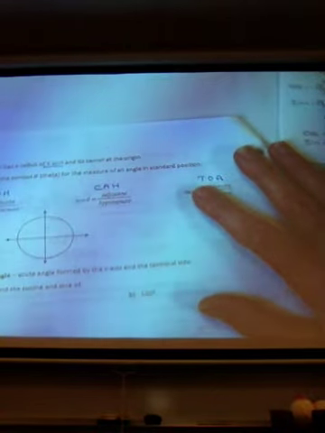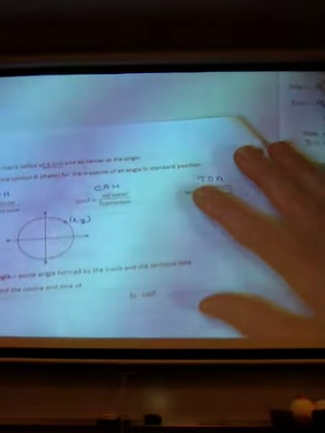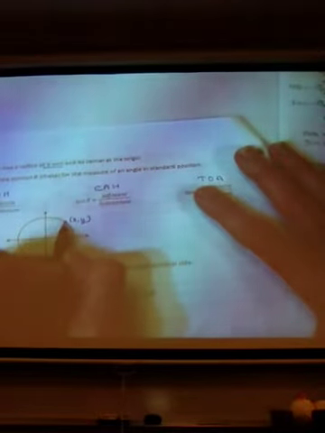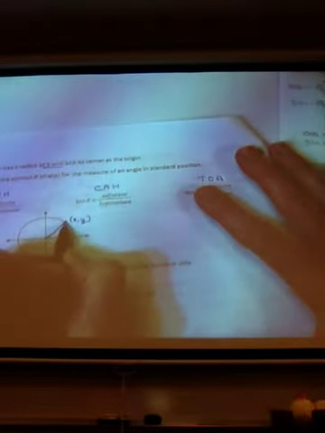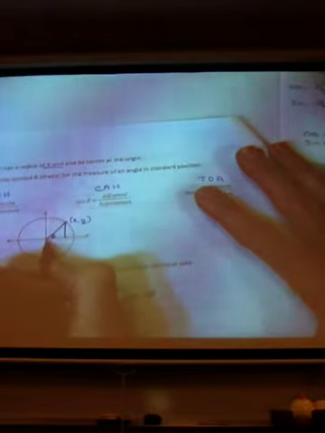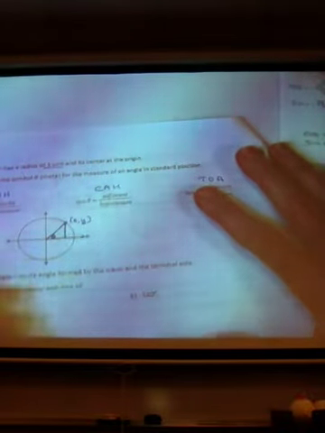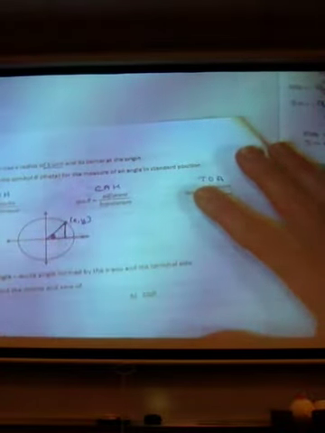So if I would draw this, let's first of all pick our x, y that lands in the first quadrant, and I draw a right triangle. This is my theta. My theta is made up of the initial side, the x-axis, and the radius.